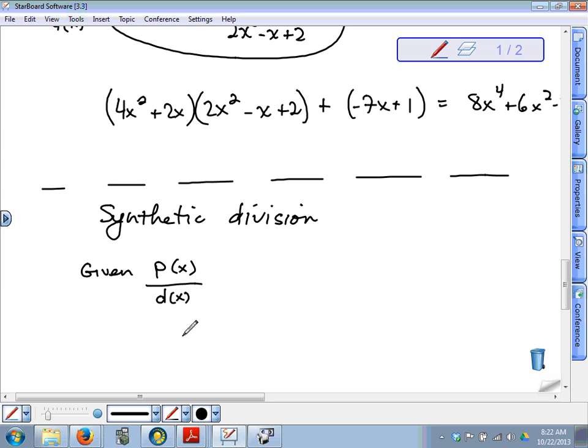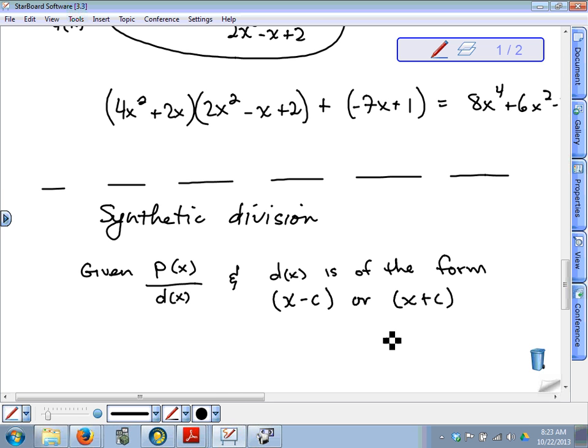So given some division problem to do, p of x divided by d of x, and this is important, your divisor, d of x, the denominator, has to be of the form x minus c or x plus c. So if it's a linear expression that has a leading coefficient of 1, you can synthetically divide the two polynomials.